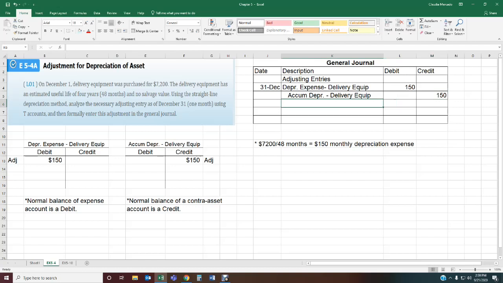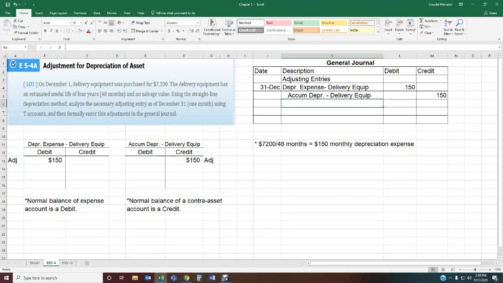So now we were able to journalize the entry for the monthly depreciation of our delivery equipment. This represents the information on a T account, and then once you do it here, just transfer it over to your journal. So that's fairly simple.